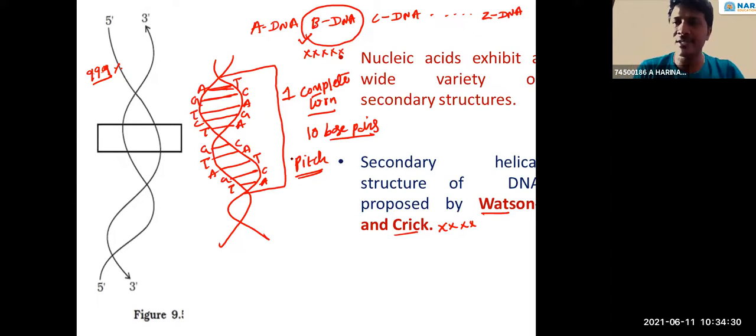So one turn consists of 10 base pairs, the first quality of B-DNA. B-DNA is a secondary helical structure, a right hand helix. That is the second character.